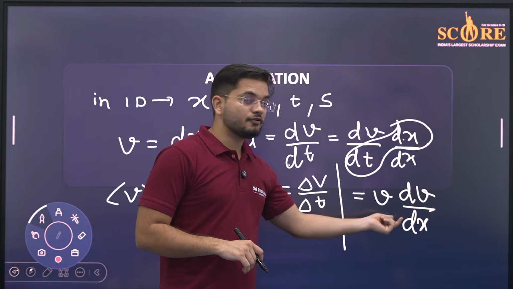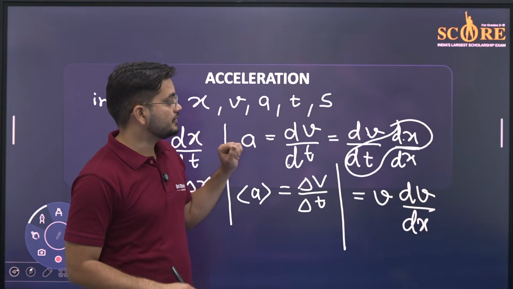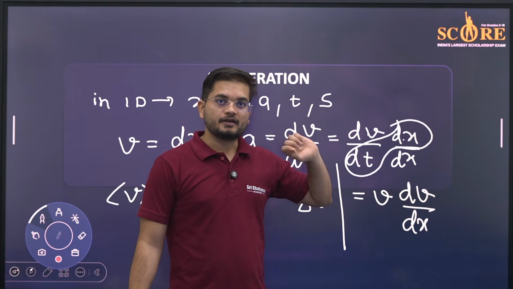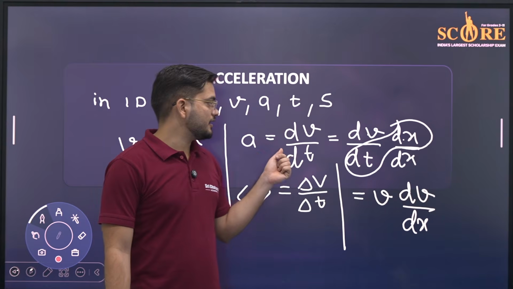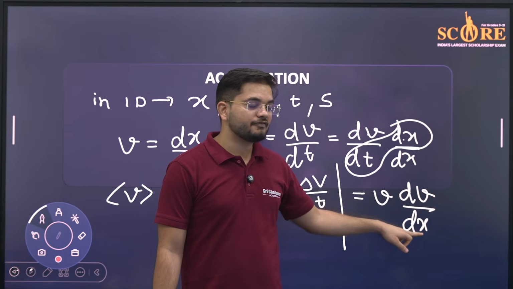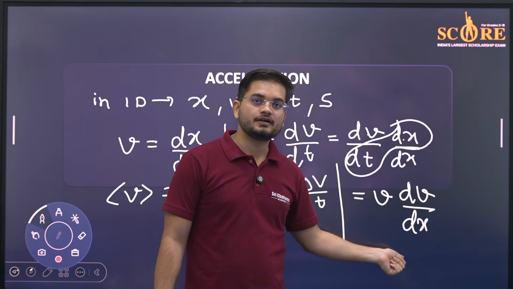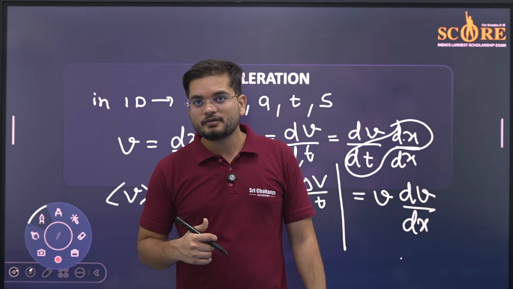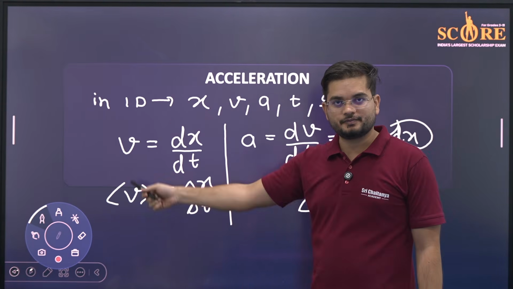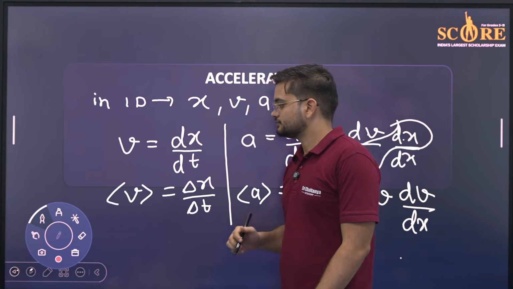It is an important formula for acceleration if velocity is given as a function of x. If velocity is given as a function of time, then we use dv by dt. If velocity is given as a function of x, then we use v dv by dx. You got my point? In 1D, we will use this formula for calculation purposes. Clear?